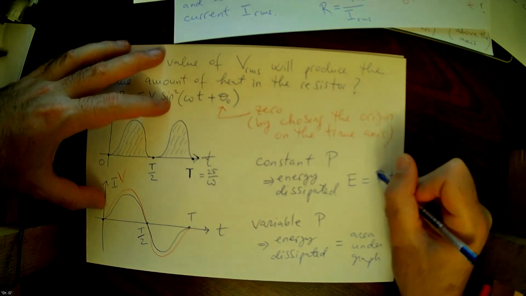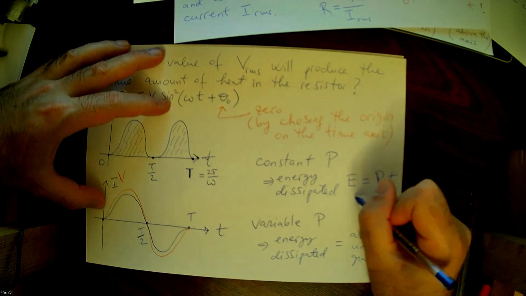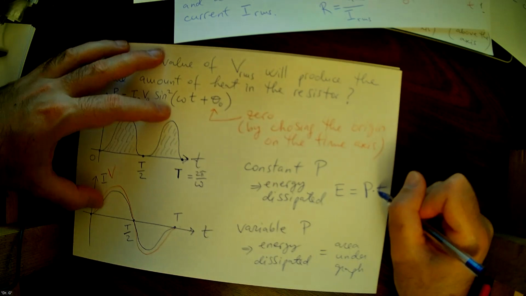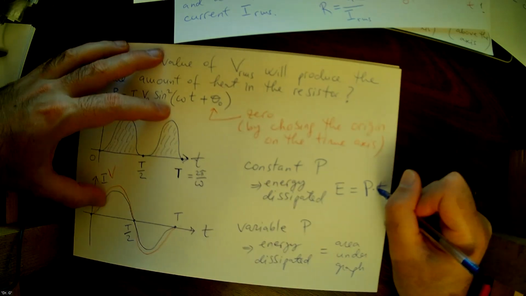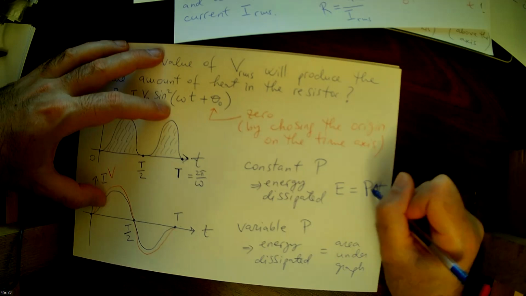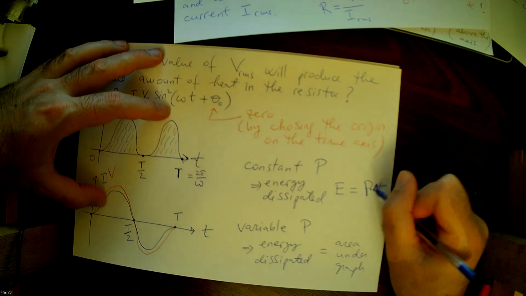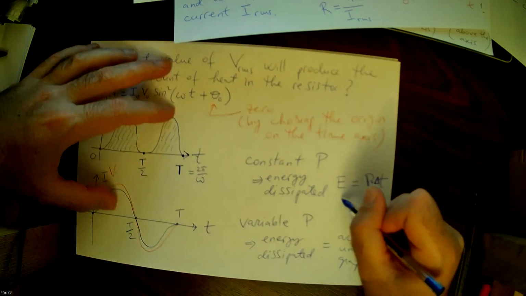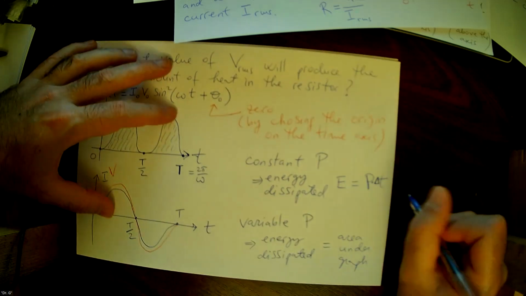Because when I multiply the power by the change in time, delta T, I get the area, correct?